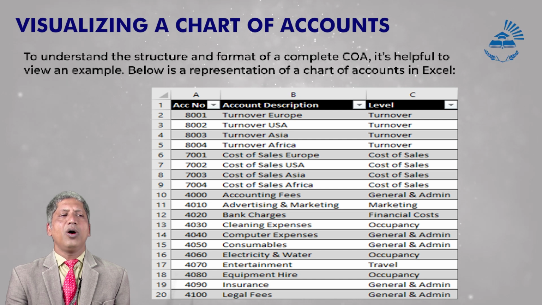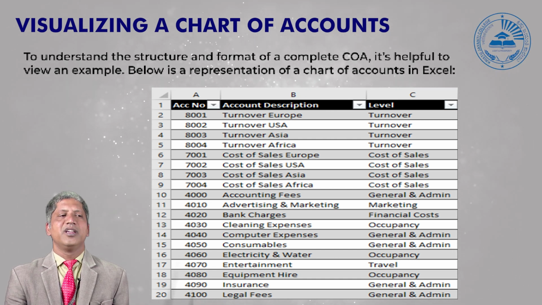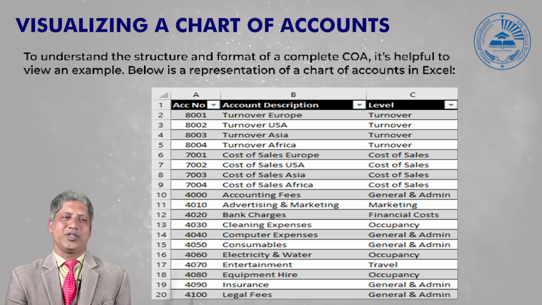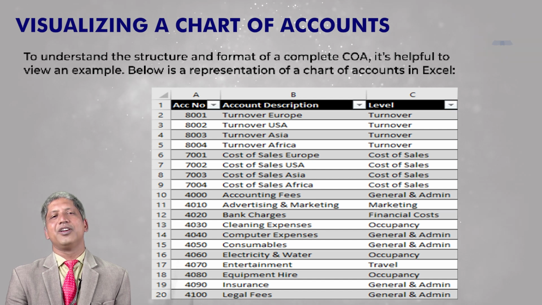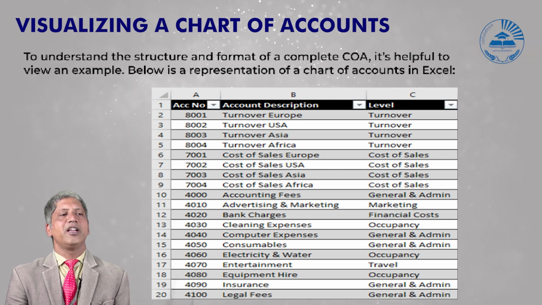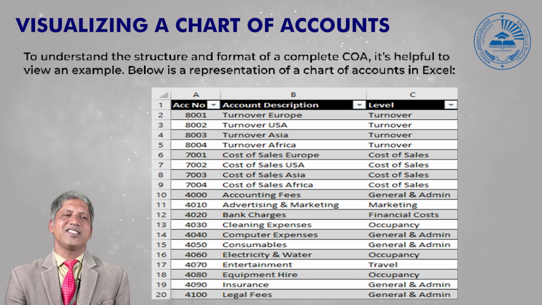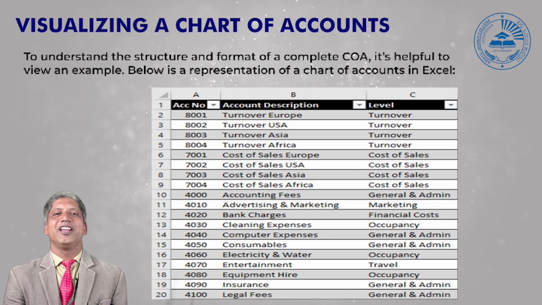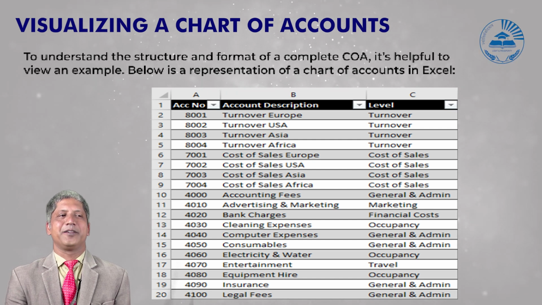Like that, all the turnovers start with 8000 and are categorized under the code 8000. The costs are coded with 7000 and accounting fee starts with 4000. Based on how many transactions are going to take place in the company, the structure is going to depend.